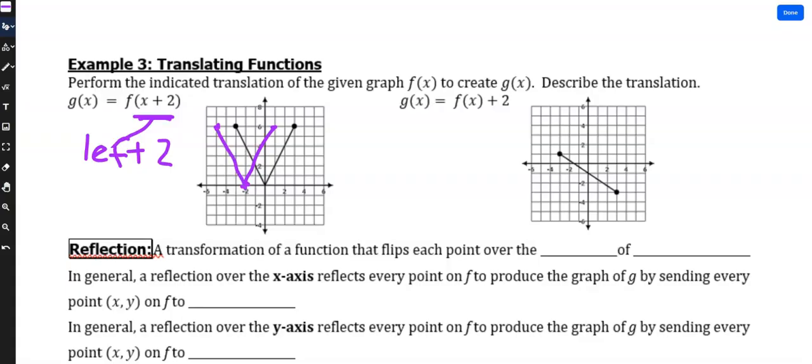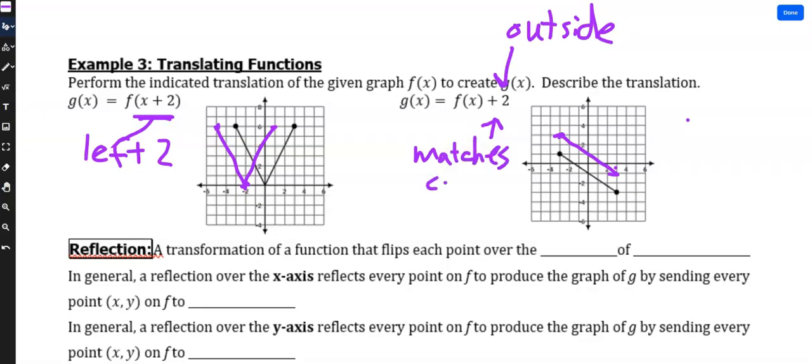But this one's on the outside. So that's like the first one we did. That's vertical. It matches your common sense. So that's up 2. So we'll take this point up 2, and this point up 2, and then we'll draw the line. So that matches common sense. All the vertical ones match common sense.